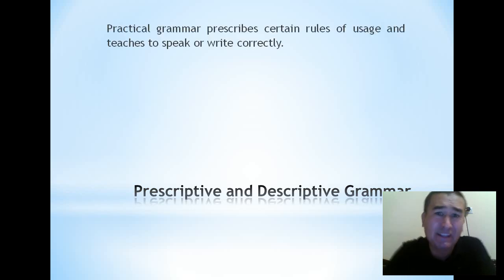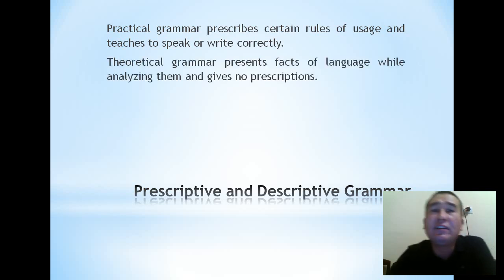Practical grammar prescribes certain rules of usage and teaches to speak or write correctly. So it mainly deals with practice. And the second one, theoretical grammar presents facts of language while analyzing them and gives no prescriptions.